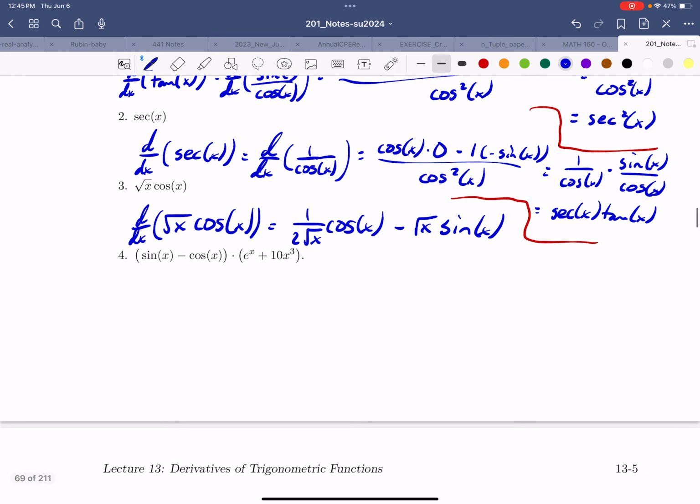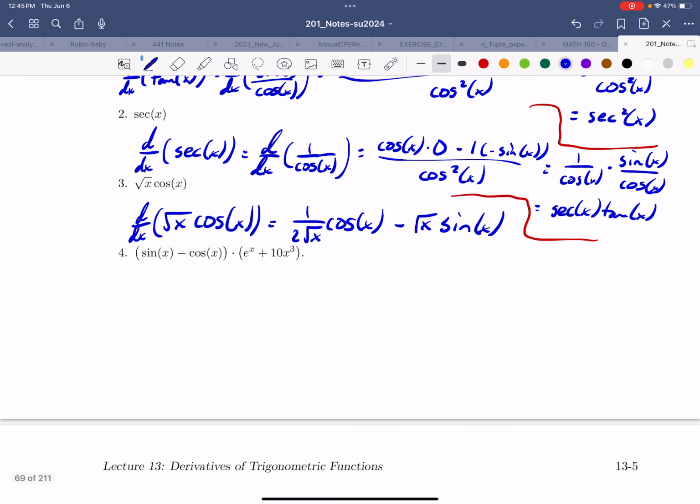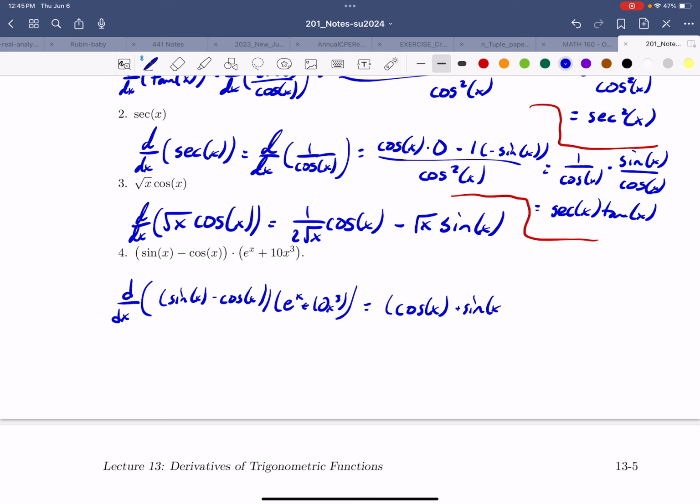And then sometimes you just have some nasty stuff. I don't want to write the d of dx over all that. Well, I guess I will. This is going to equal cosine of x plus sine of x.